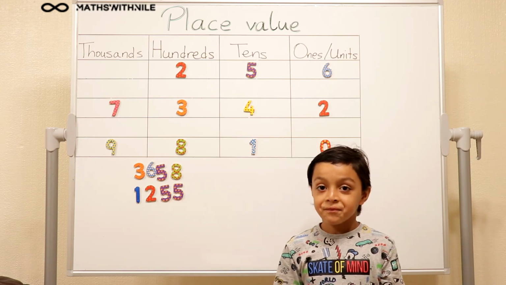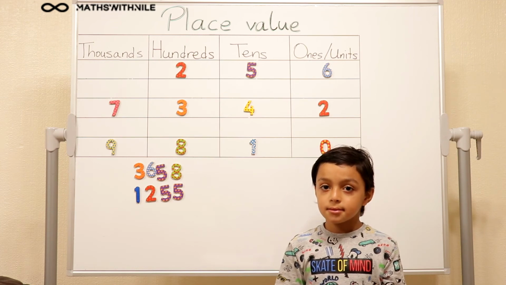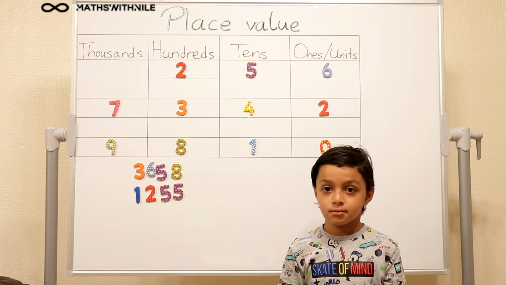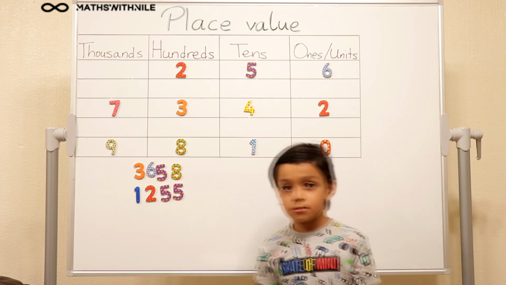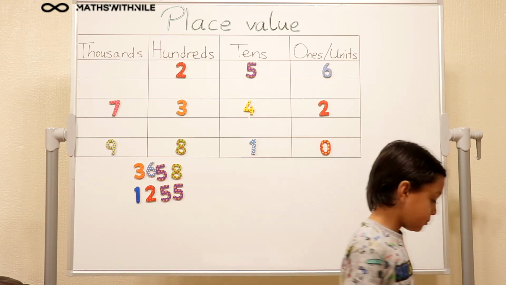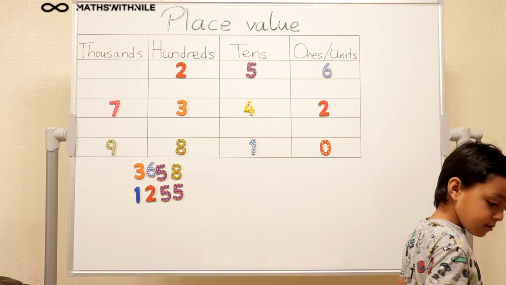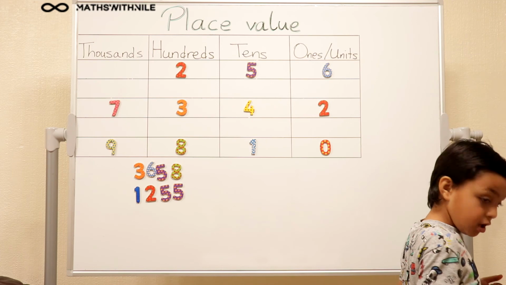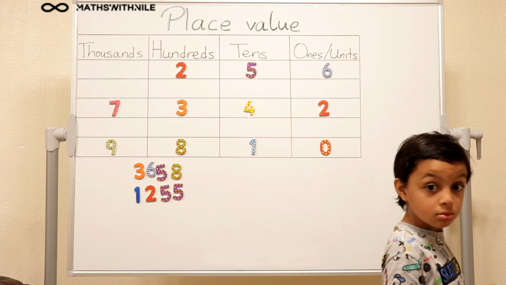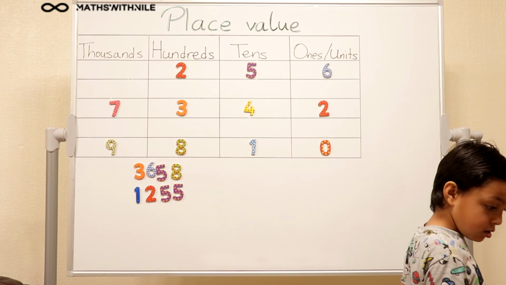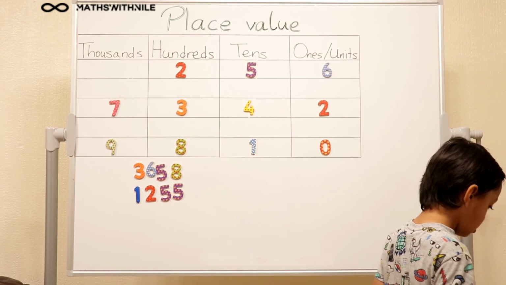Okay, very good. Now I want us to finish off with one question. I want you to make a number, put a number on the board that has 8 tens, 2 units, 5 hundreds.